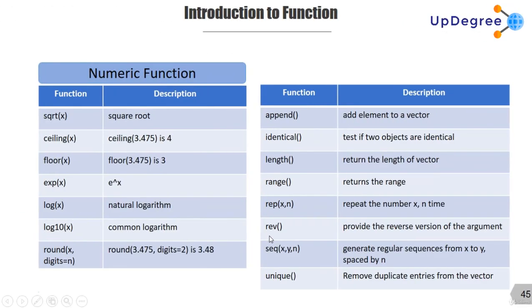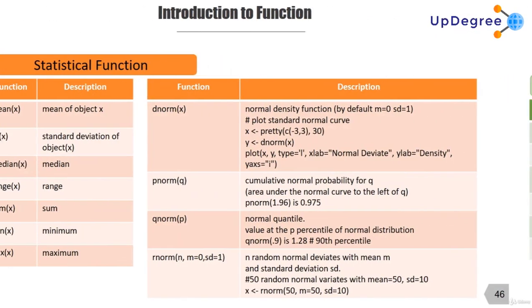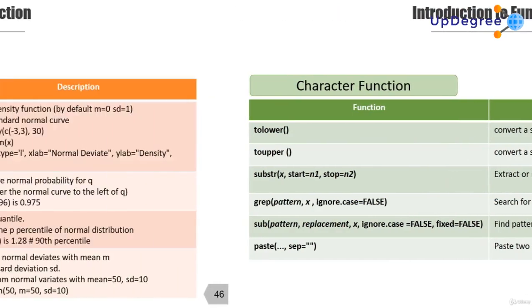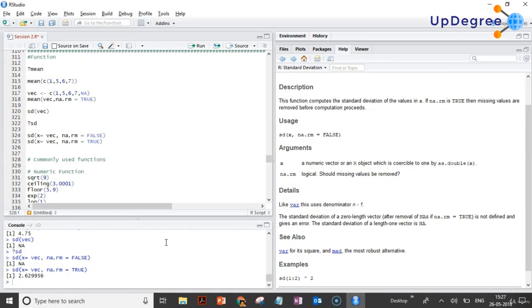Now we will be discussing a lot of inbuilt functions. Now there are a couple of numeric functions, a couple of statistic functions, a couple of character functions. So we will learn one by one. I have given you the description and the meaning of it, but we will actually learn it from RStudio.